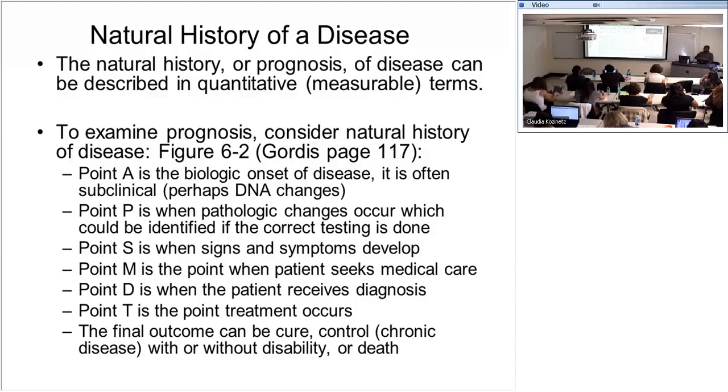So that is the stage, the point S, where there are signs and symptoms. These signs and symptoms will drive the patient to seek medical attention, which is the point M. And when medical attention is sought, there might be diagnosis.